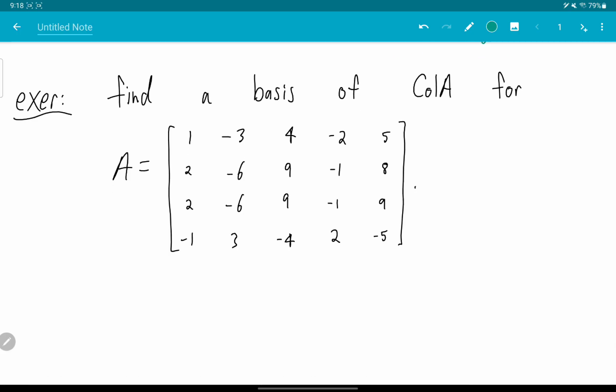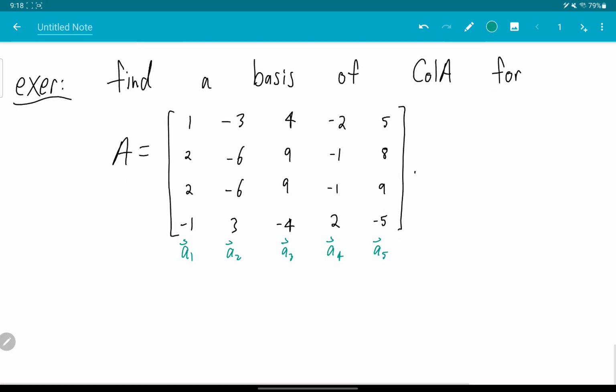All right. Okay, what is the answer? Well, I'm going to just call this column A1, call this column A2, A3, A4, A5. And the answer here.